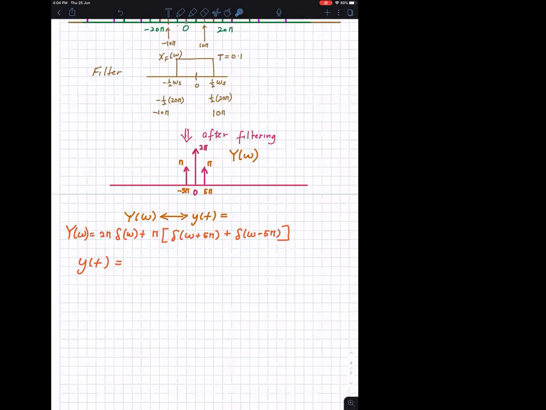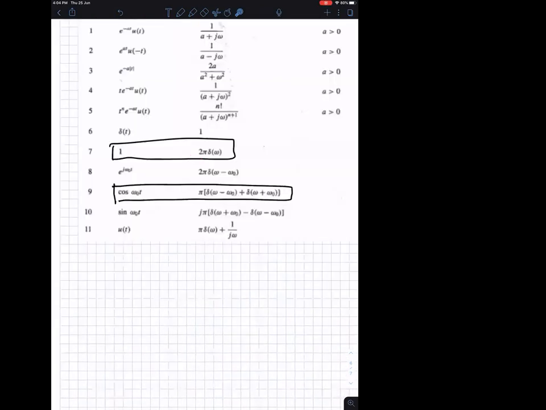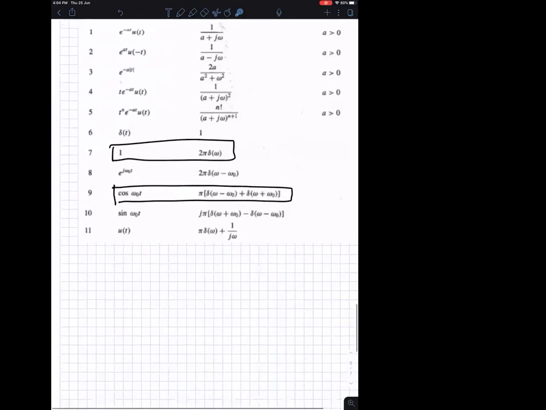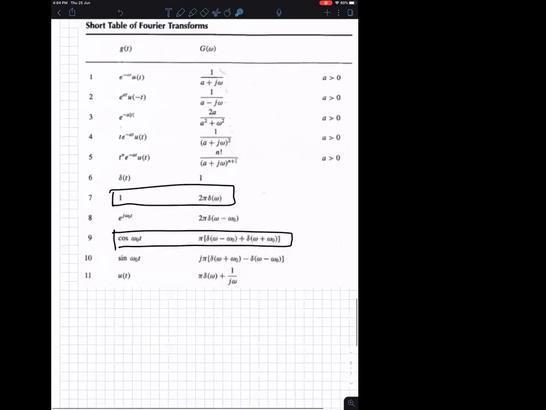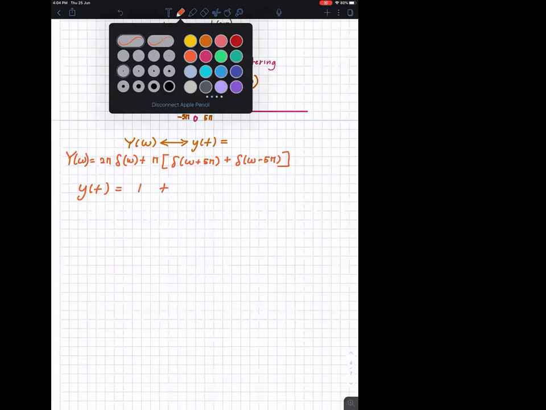Just now we had a table, isn't it? From this table, we know the inverse Fourier transform is 1, isn't it? Right? Yes, sir. And then plus the inverse Fourier transform of this part is how much?